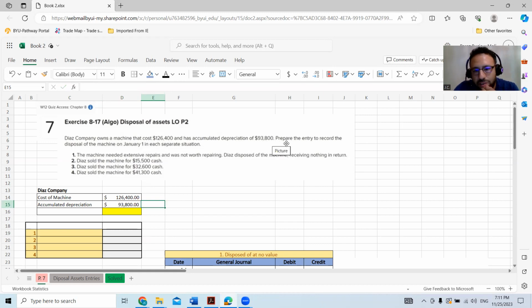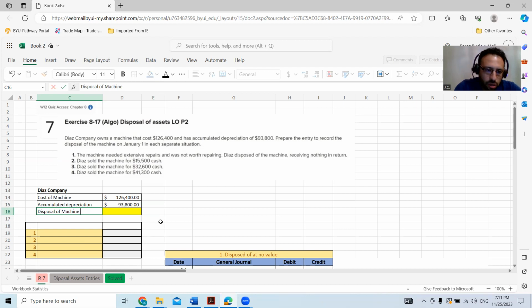And it says prepare the entry to record the disposal of the machine on January 1st. So they are asking me for the disposal of the machine on January 1st. And I don't know this, so this is what they're asking me.